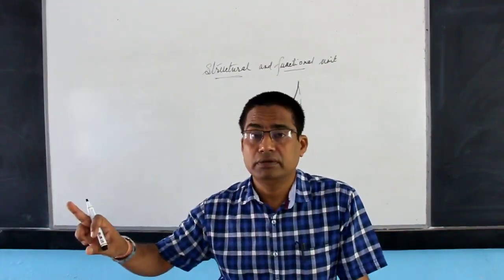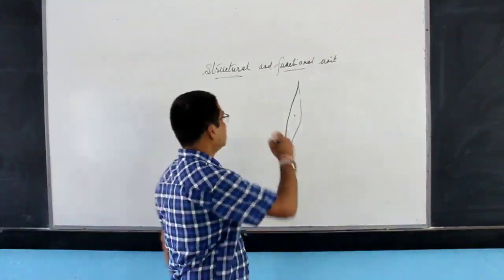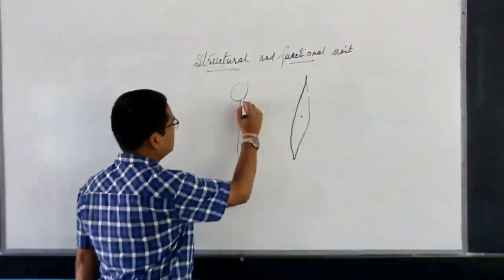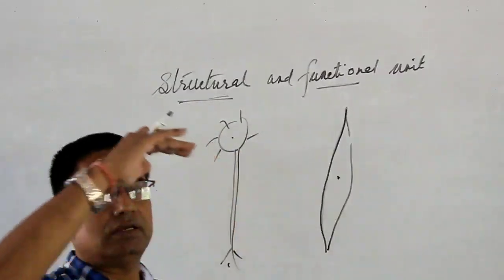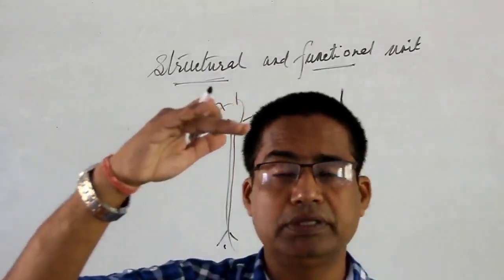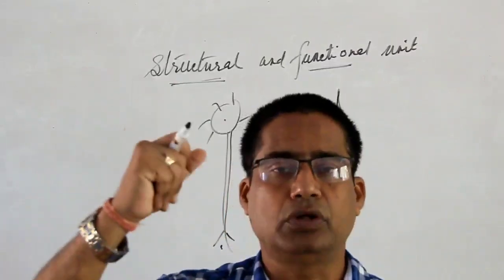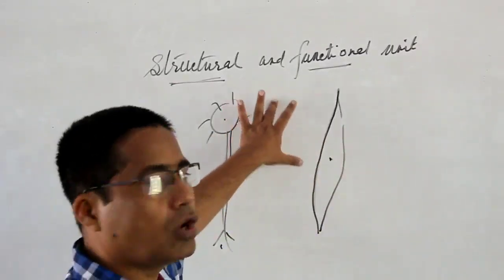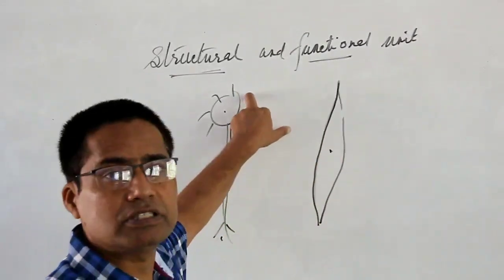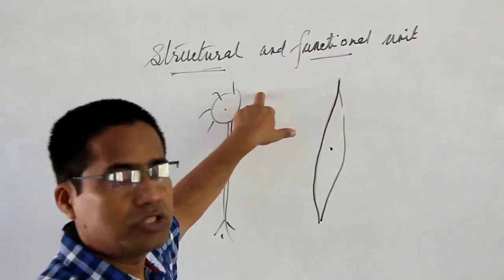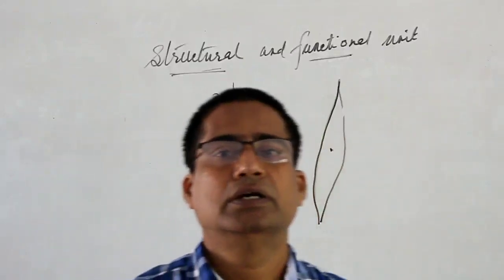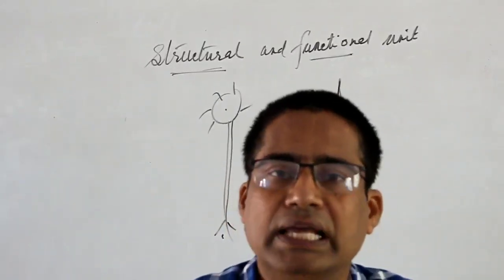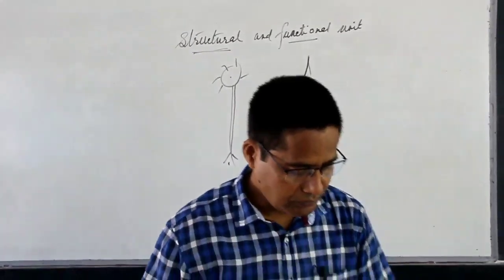So this cell, the nerve cell, is elongated. A nerve cell could be as long as 1 meter, or even 2 meters. So they are long so that they can easily conduct the impulse from the sensory organs to the brain, and back from the brain it can take the response to the different parts of the body, especially the glands and the muscles.